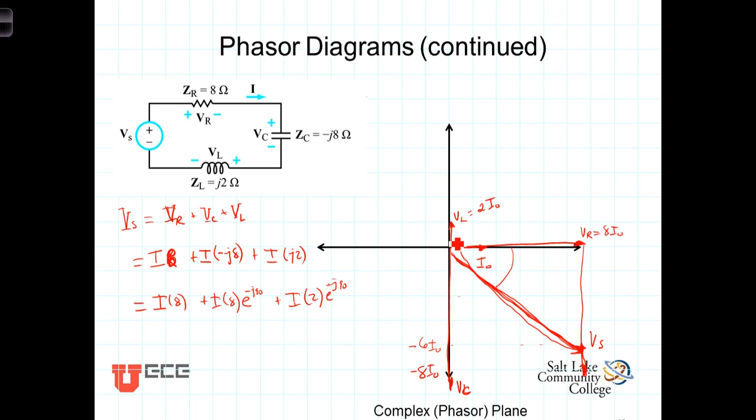Let me say that one more time, just a little bit differently. V sub s, the source voltage, is equal to the phasor sum of V sub l plus V sub r plus V sub c.